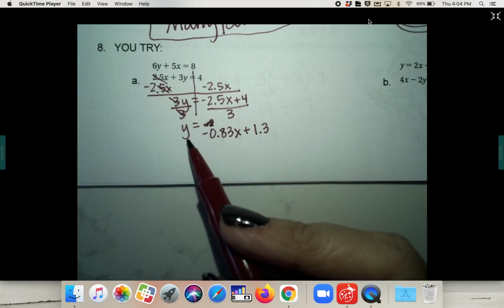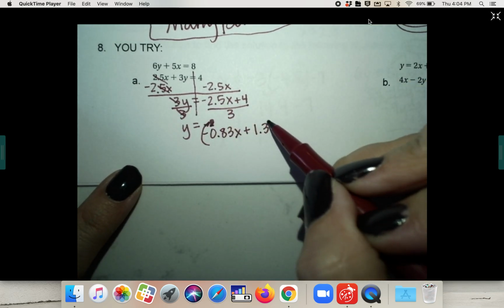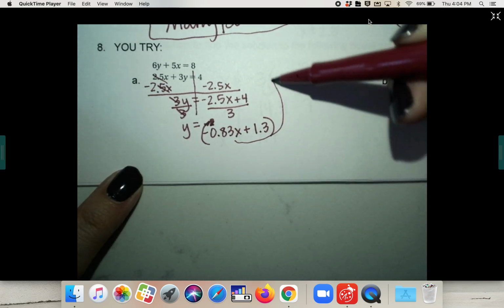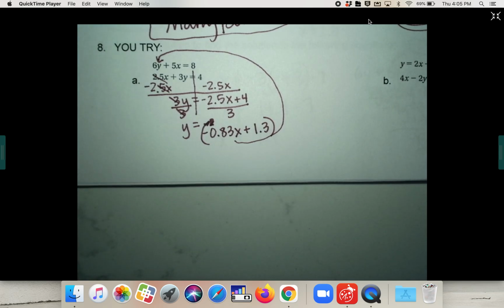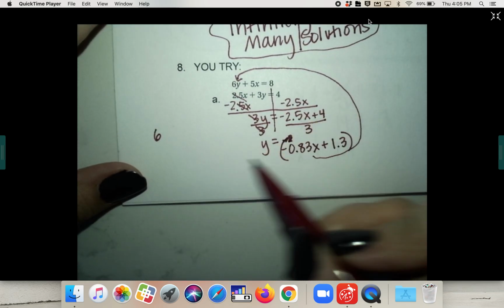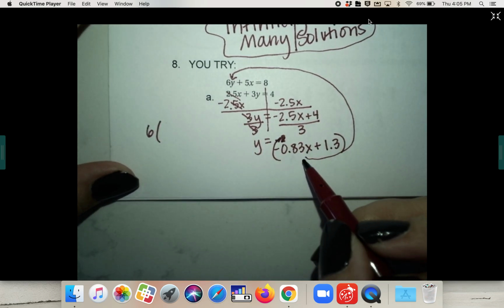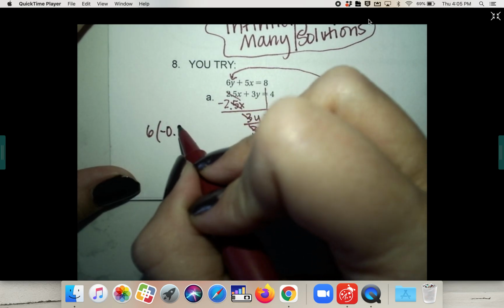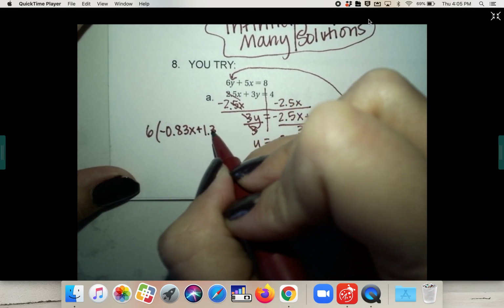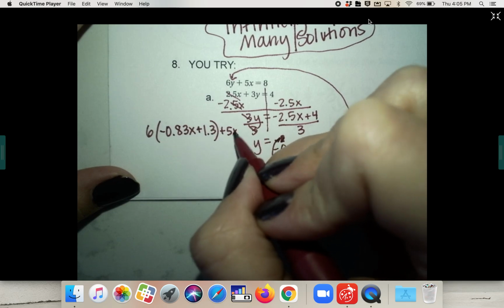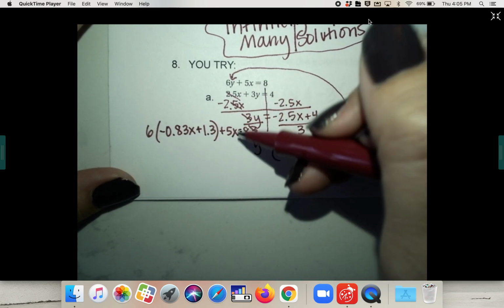Okay, now that I have y by itself, I'm going to grab this and plug it in for y in my other equation. So what we've got is 6 times negative 0.83x plus 1.3, plus 5x, I'm out of room, I'm so sorry, equals 8. I'll try to be a little bit neater.